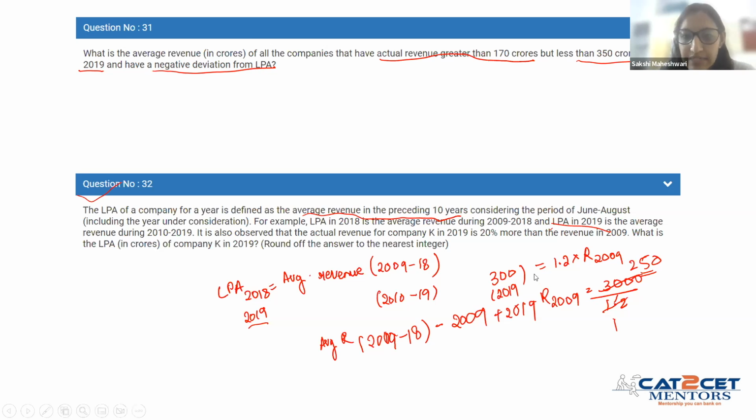Are you getting my point? Can you do this now? Yes, minus 2009 plus 2019. So should I move on? You can do. See, my objective is to focus more on what you might have faced problems in. So I'm leaving the calculations up to you.